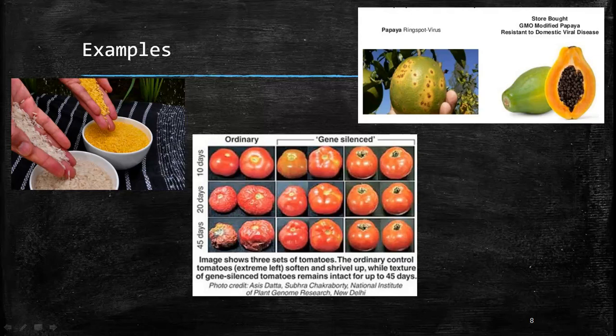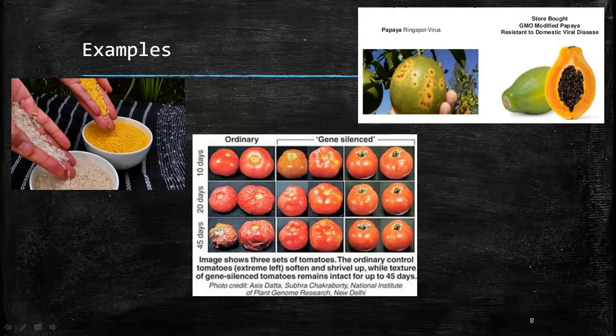You can see that the ordinary ones have become soft and shriveled with time. But the gene that accelerates this shriveling process of tomatoes can be silenced or slowed down by a genetic modification. The next block of the picture shows how this process could be delayed by modifying the genes. This modification lets tomato consumers keep them for a longer period of time.